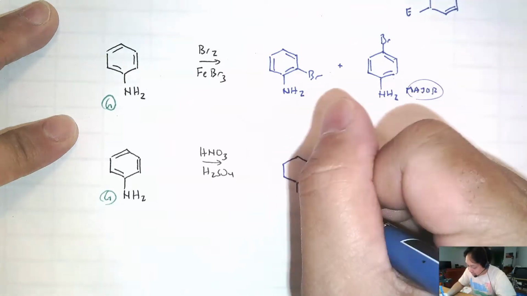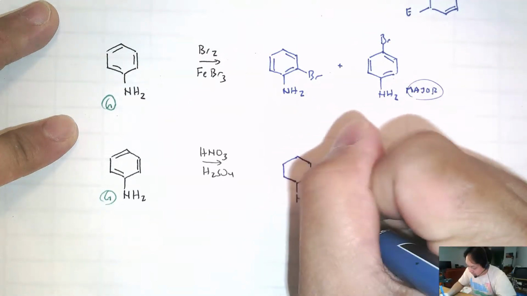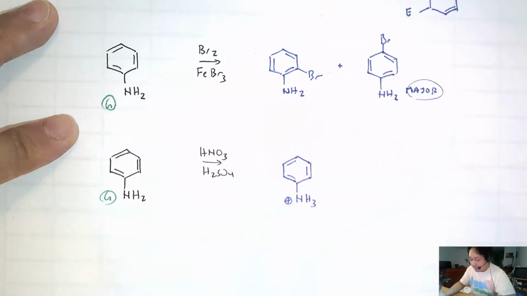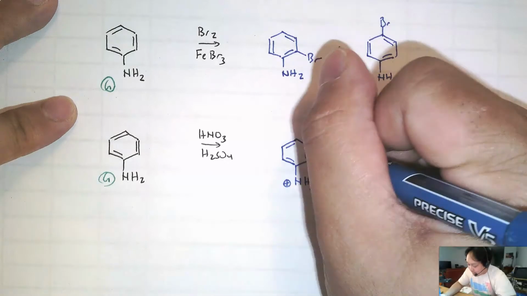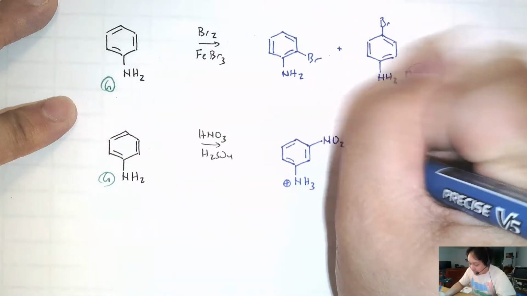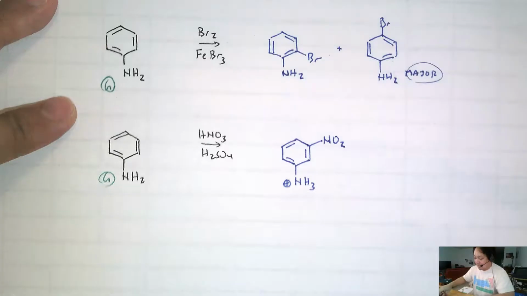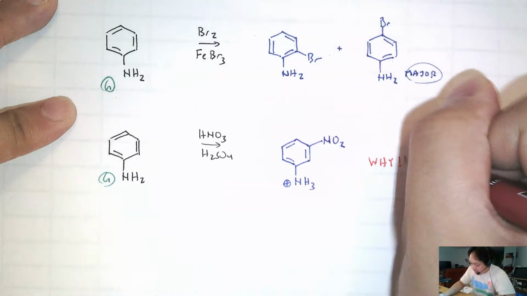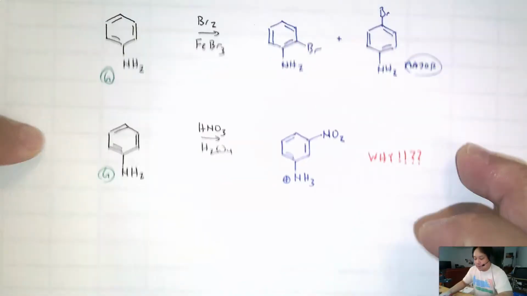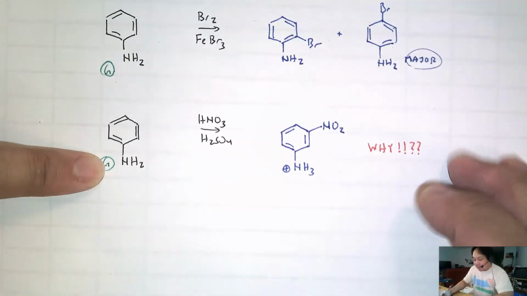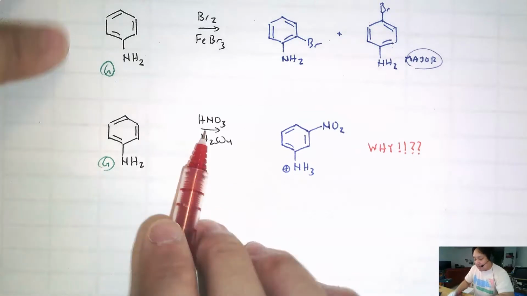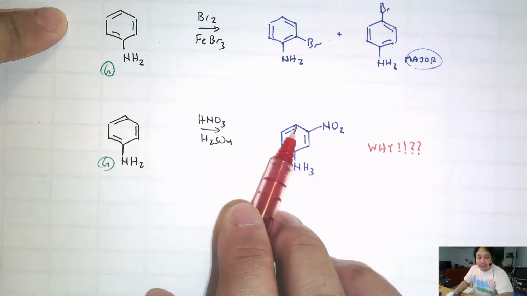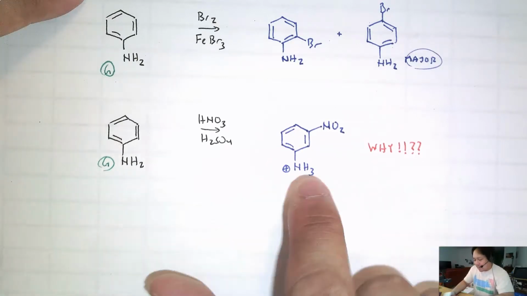This is going to look a little strange if you're following the idea of directing effects. It's going to be a little strange because I'm putting the nitro group in the meta position. Okay. This is the product. But why? I thought good groups were ortho-para directing. I thought I would put the nitro group on the ortho in one molecule and the para in another molecule. Not only that, what happened here?